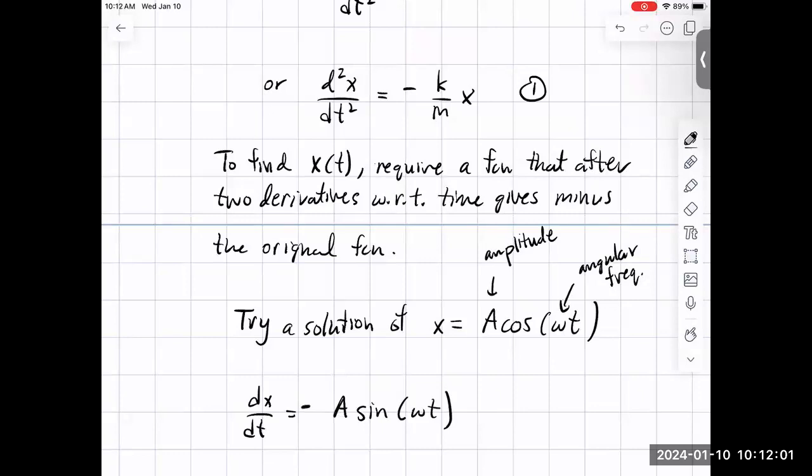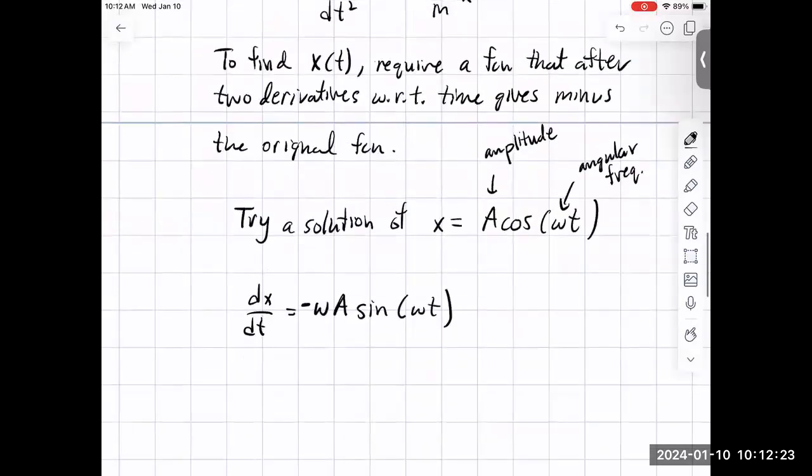And what else am I missing? This. We're taking a time derivative, but inside the cosine function, we have some constant times t. And so that constant must multiply the outside. So we get this omega. So it's minus omega A times sine omega t.